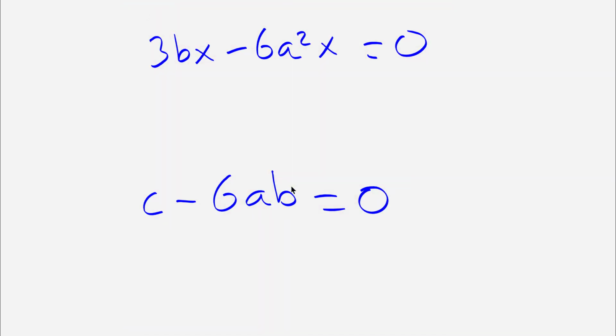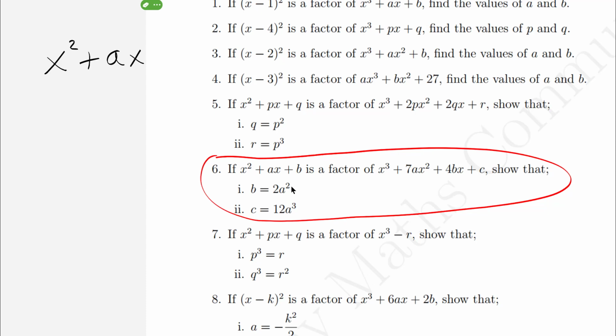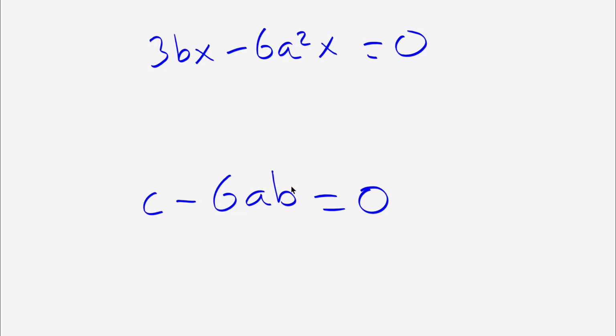Now the thing is, let's not lose track of what we were actually trying to prove here. So let's go back to the question sheet. What we were trying to prove is that b is 2a² and c is 12a³.